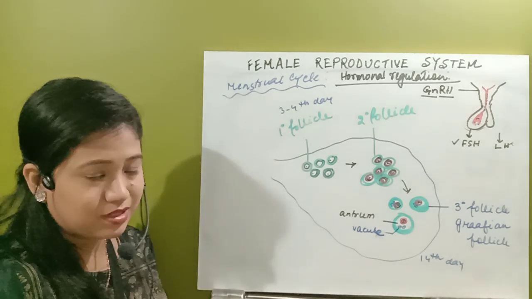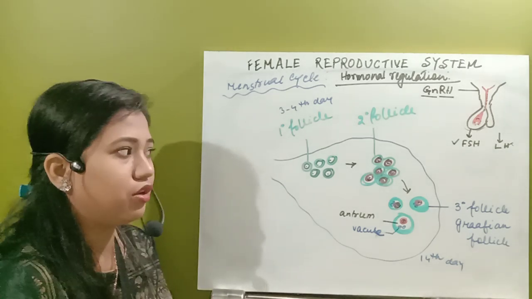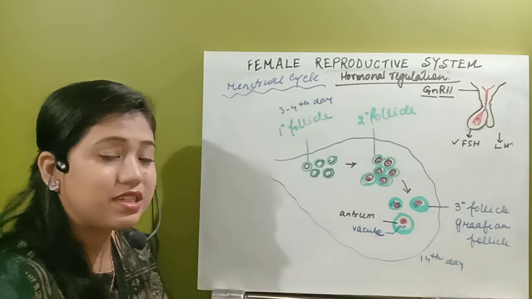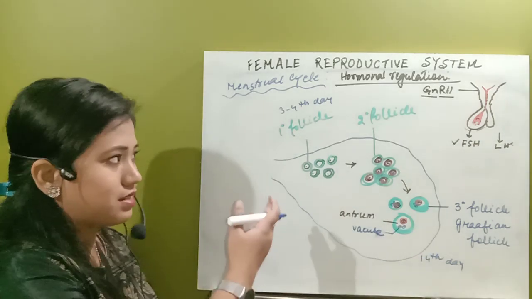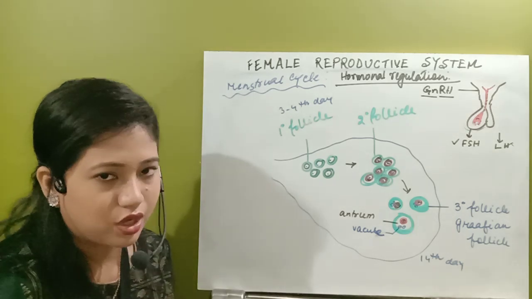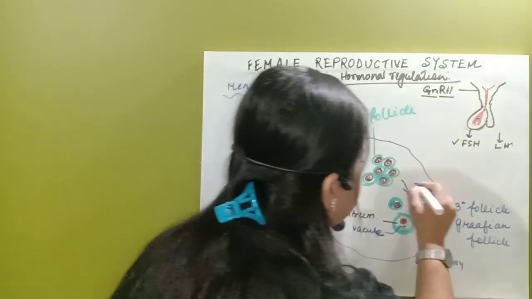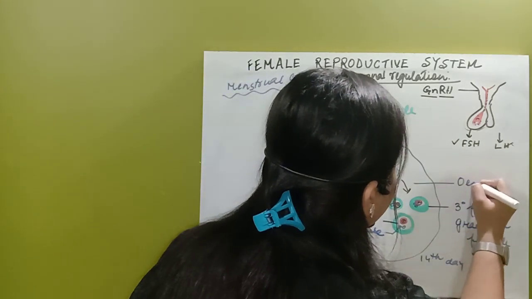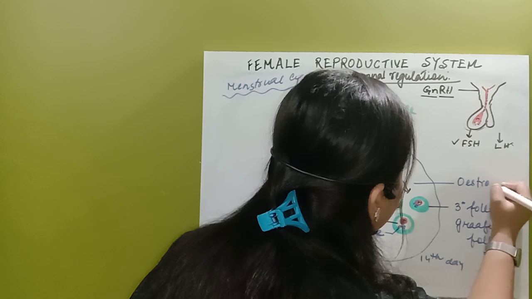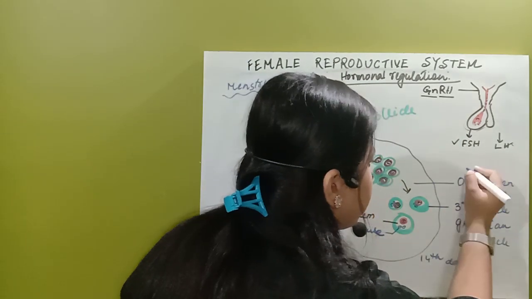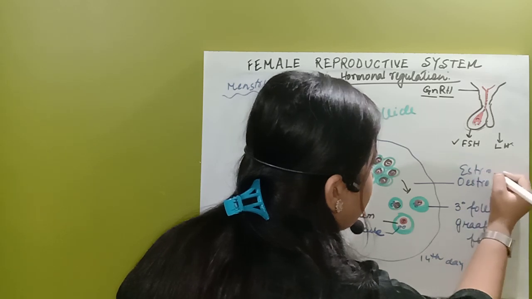So a very important thing is happening here: whenever the primary follicle is growing, the secondary follicle as well as the tertiary follicle release one very important hormone that is known as estrogen. We will call this oestro, O-E-S-T-R-O, or estrogen, E-S-T-R-O-G-E-N.